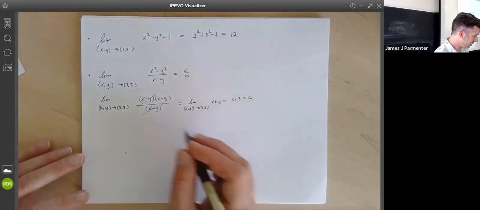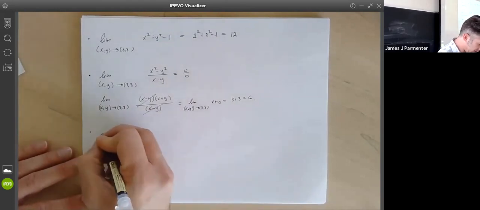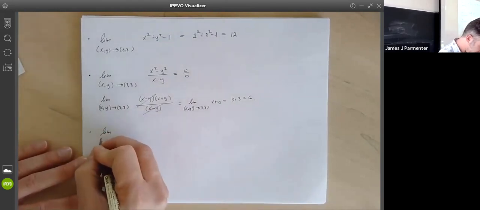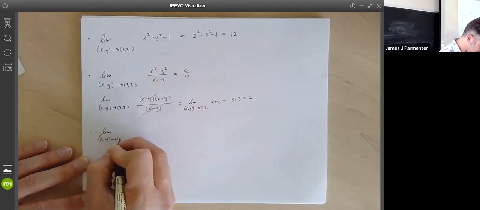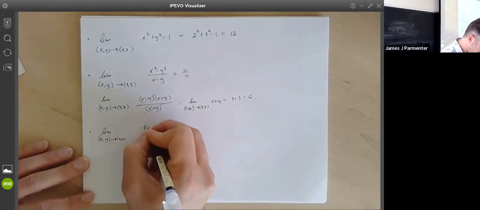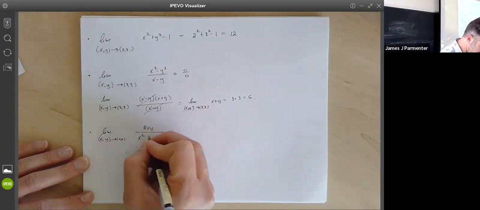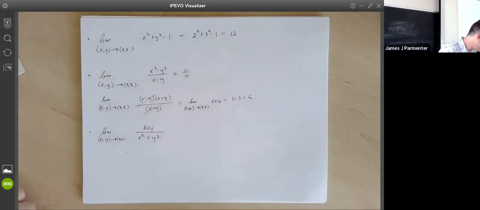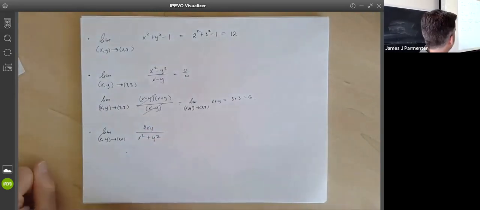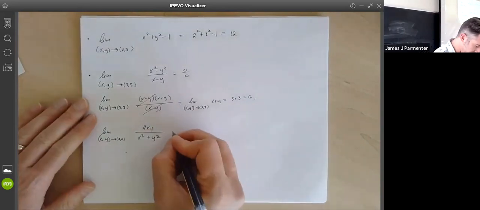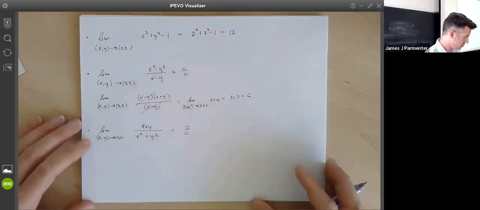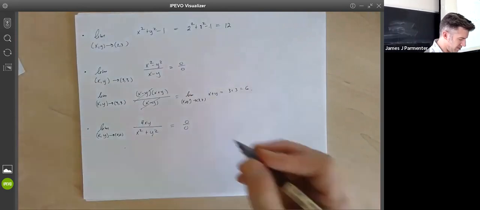But sometimes you can't. Like this limit as x, y approaches 0, 0 of 4xy over x squared plus y squared. This is also a 0 over 0 type, but we can't do any algebra.